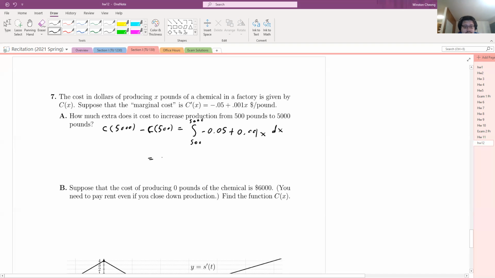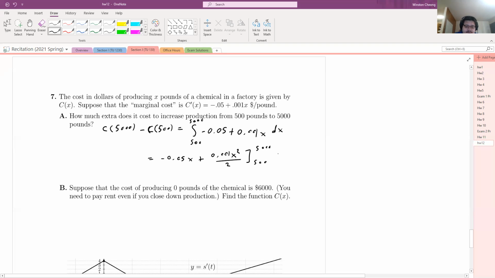Okay, so we go ahead and perform this integral. 0.001x squared over 2. And we would want to evaluate this from 500 to 5,000. Now this is pretty bothersome to do by hand.